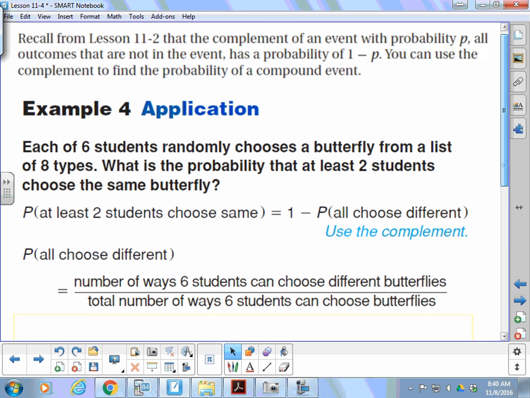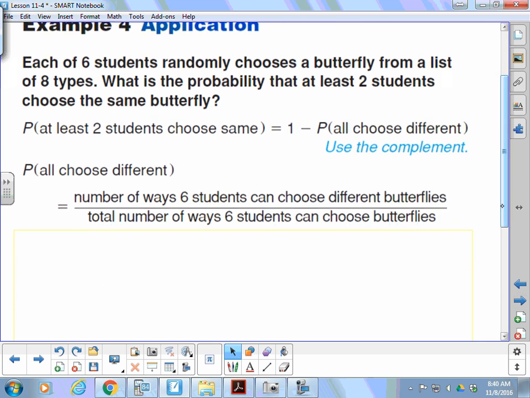So we have to figure out how that works. Right? So the probability of they all choose different would be the number of ways 6 students can choose different butterflies divided by the total number of ways 6 students can choose butterflies. So here we're actually using permutations and combinations in this also.